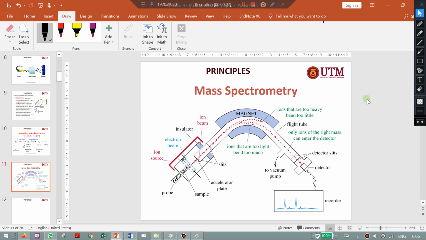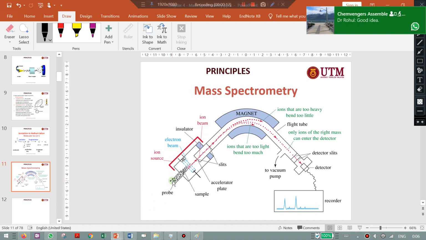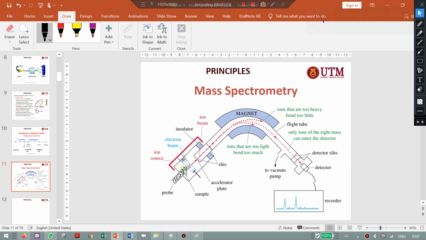Here's the basic principle of mass spectrometry. Here is the probe. After you have passed through your column, you go to the ionization process, which we already learned in the GC part. Then it is hit by the electron beam, a high number of electrons, and it becomes a molecular ion, which we call the radical cation.